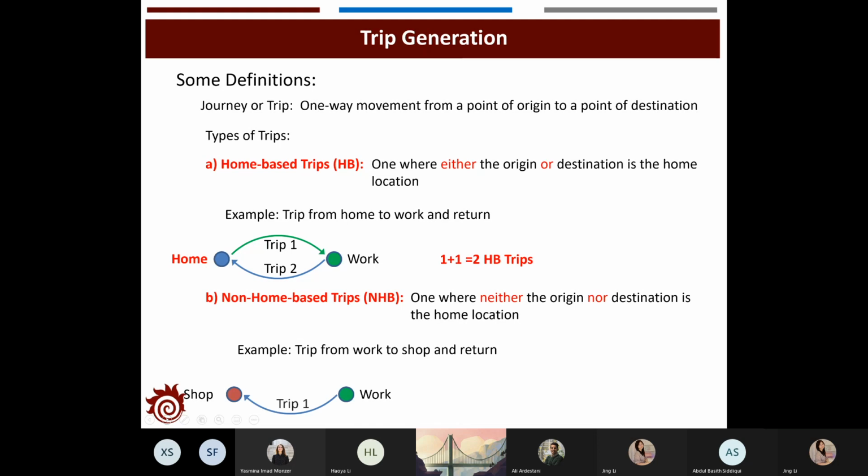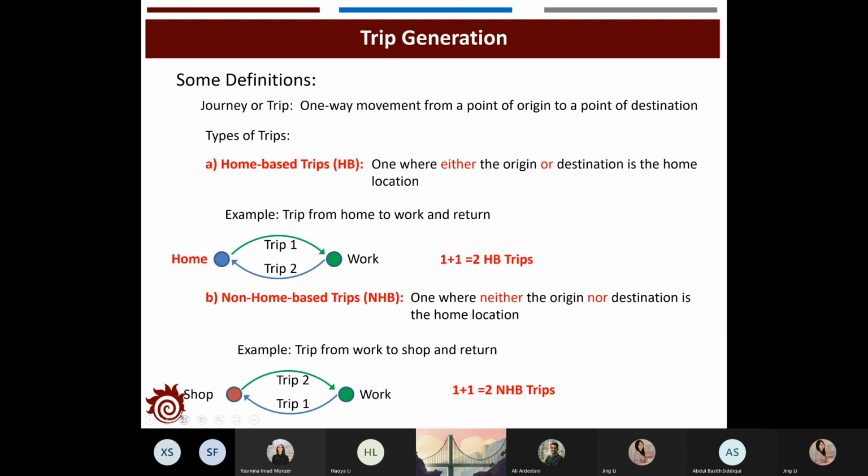Trip 1 starts from the work to the shop, and trip 2 starts from the shop back to the work. In this case, we have two non-home-based trips.